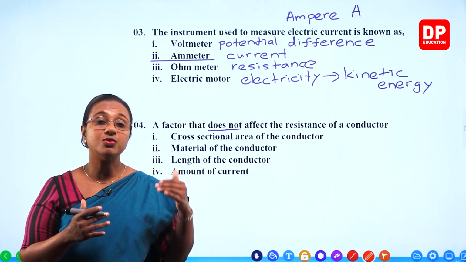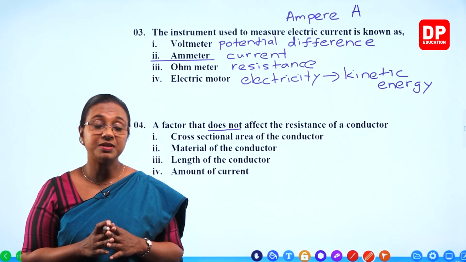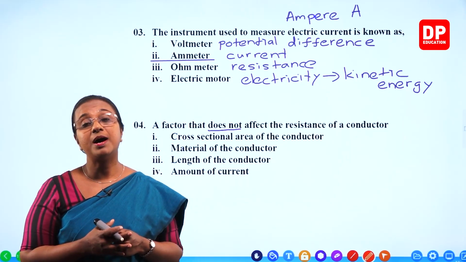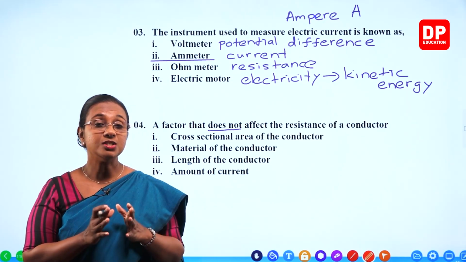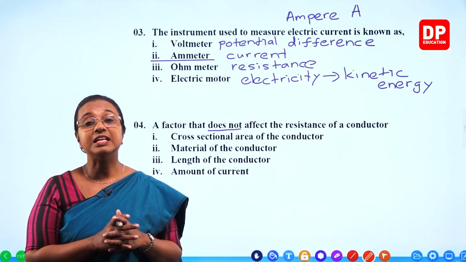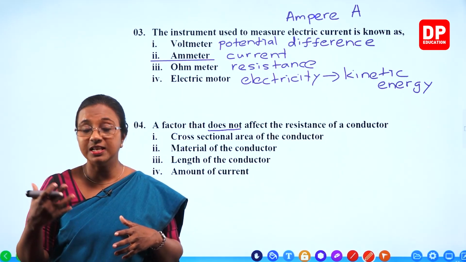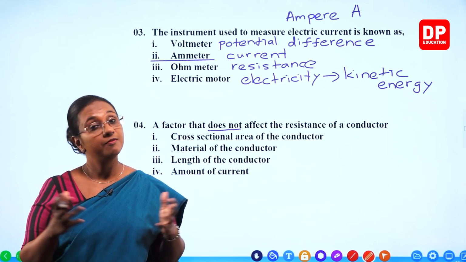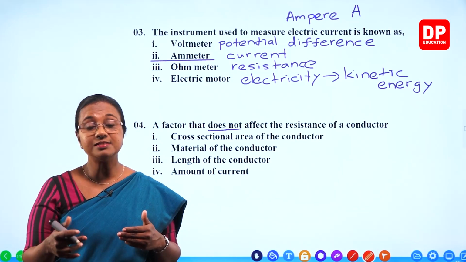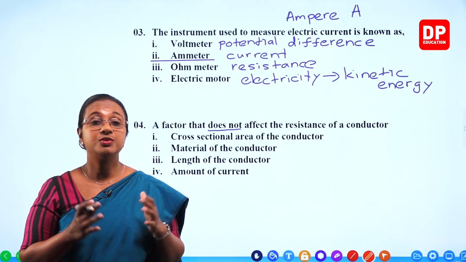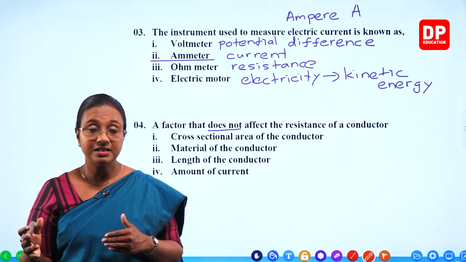So it allows only a small amount of current to flow through it. At the same time, a larger part of the current is converted to heat. So that is why materials like nichrome are used as coils in equipment where we need to produce heat. For example, iron heaters, heating coils, we use nichrome.